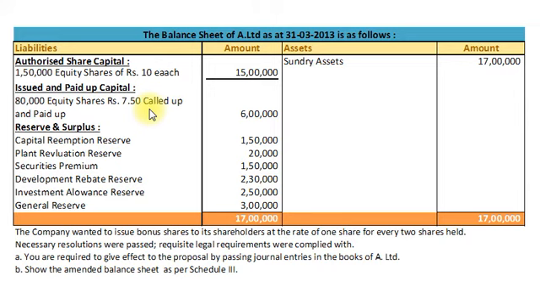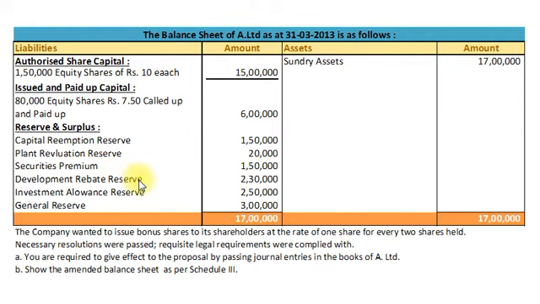And now we will have to make provision for this bonus. So we have reserve and surplus. Capital redemption reserve is not available for partly paid up bonus shares. Plant revaluation reserve is not at all available for bonus shares. Securities premium not available for bonus to partly paid up shares.